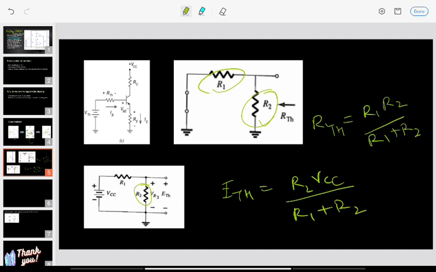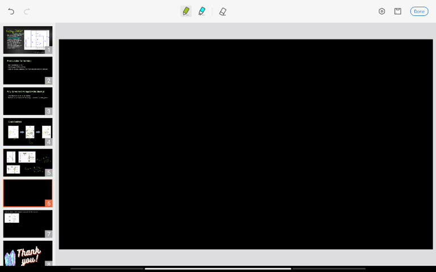Now let us find the base current IB using the values of ETH and RTH.